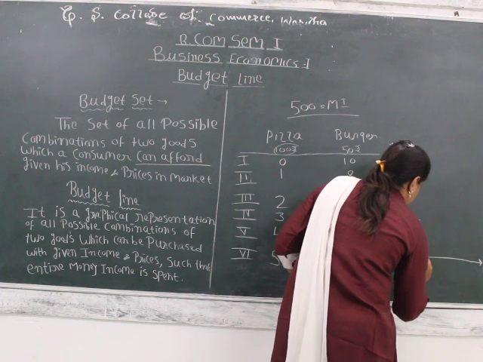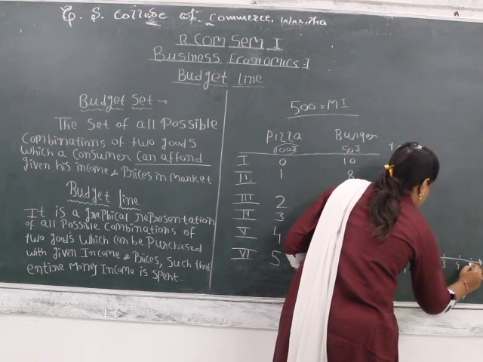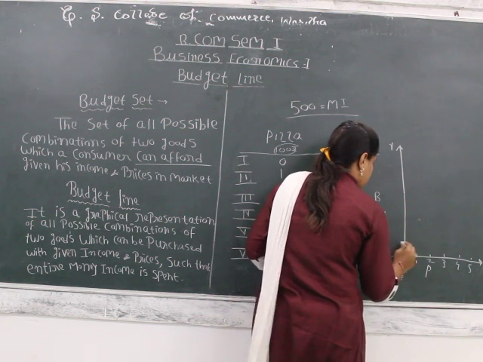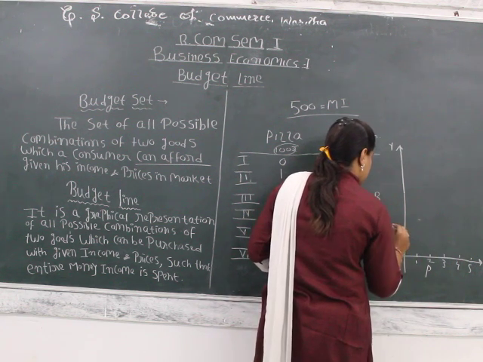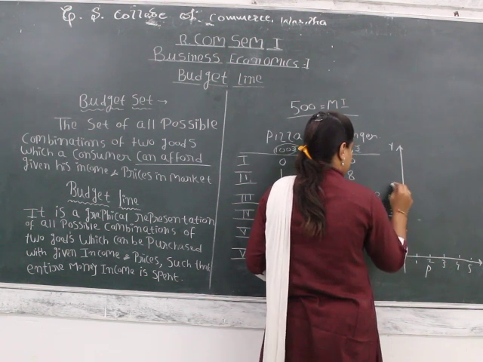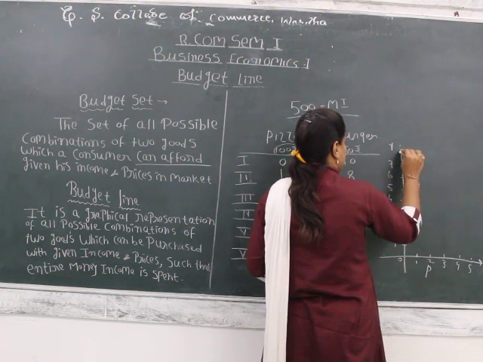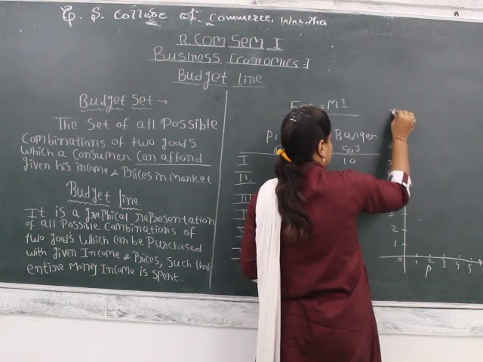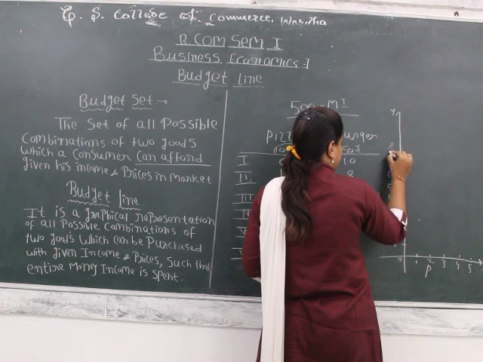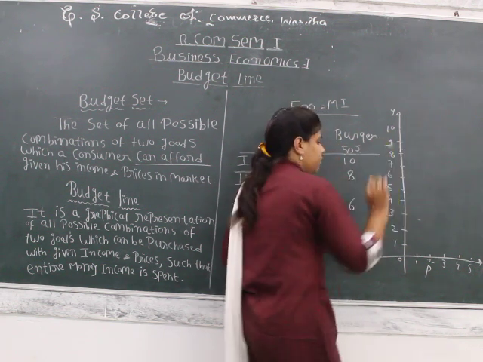So 1, 2, 3, 4, 5 pizzas, and 1, 2, 3, 4, 5, 6, 7, 8, 9, 10 burgers.